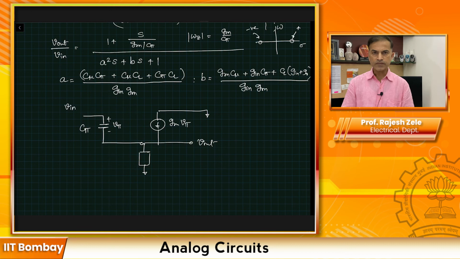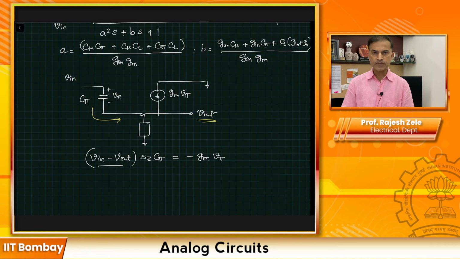So at the zero location, what we are saying is the current is flowing this way and V out goes to 0 at the zero location. So we say that (V in minus V out) times S of Z and C pi is equal to minus Gm times V pi.